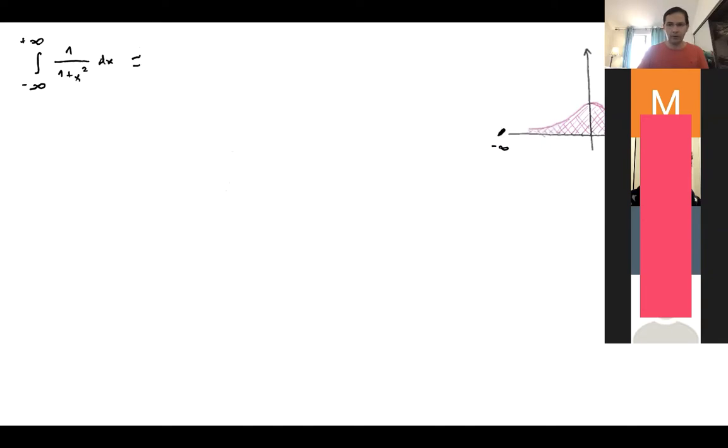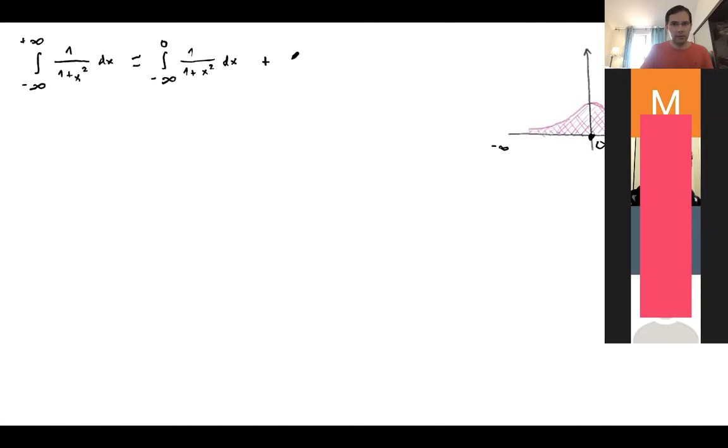First we go from negative infinity up to 0 of the same function, 1 divided by 1 plus x squared dx. And then we go from 0 all the way up to positive infinity.